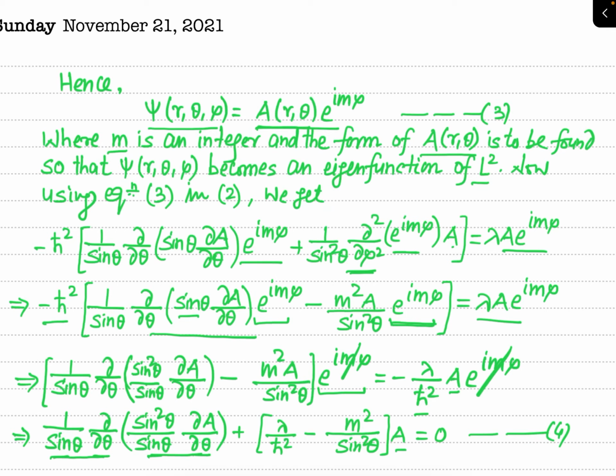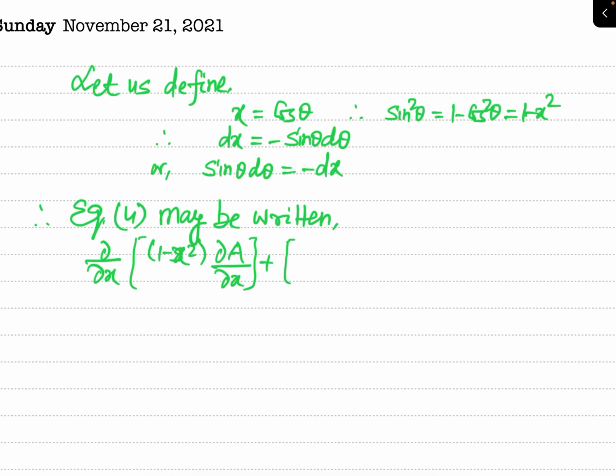And plus, see the equation, lambda over h bar square minus m square by sine square theta, and sine square theta is 1 minus x square. So this is lambda over h bar square minus m square by 1 minus x square, times a, and this is equal to 0.